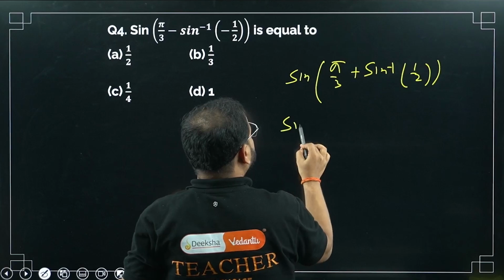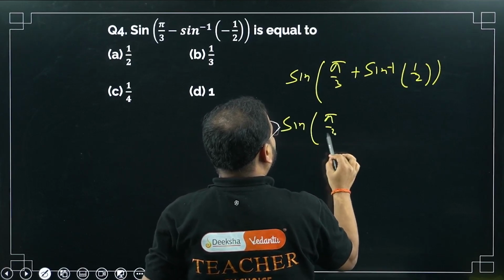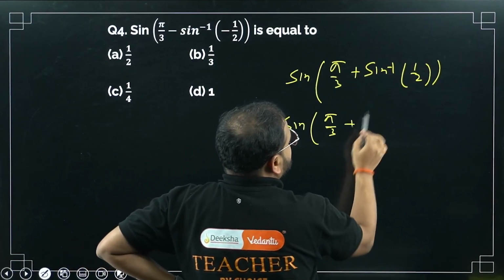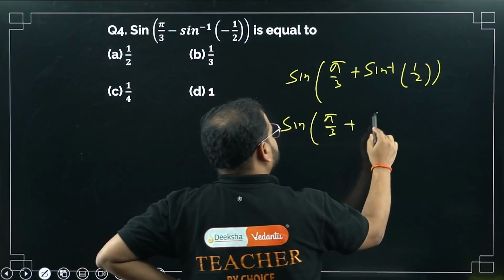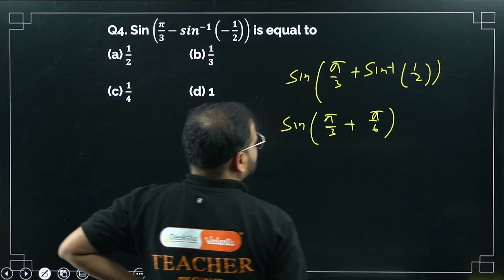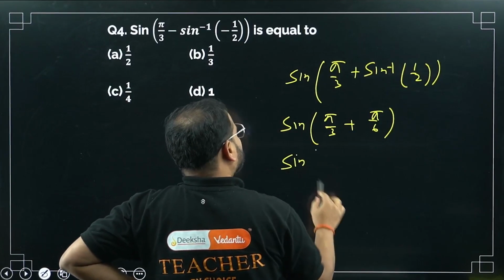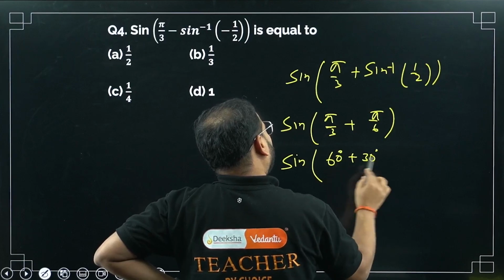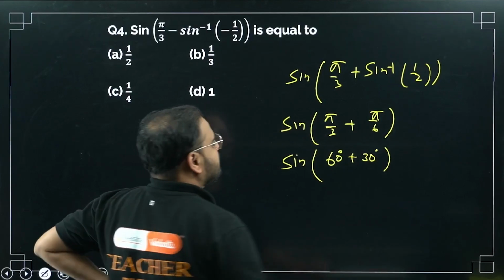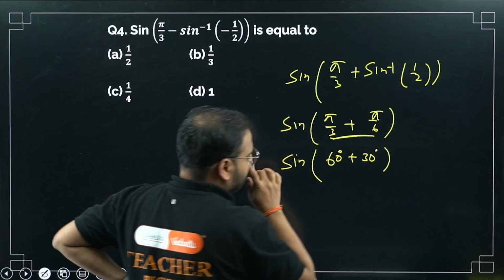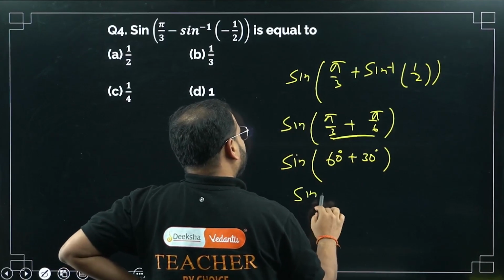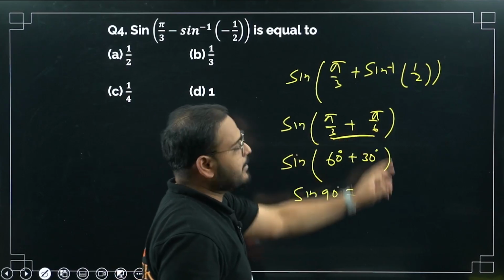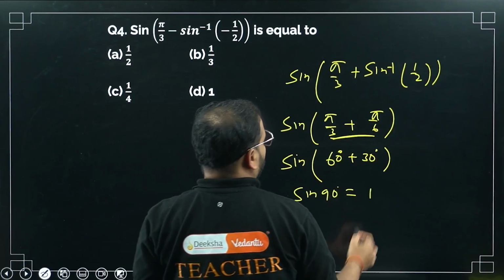So sine of pi by 3 plus sine inverse of 1 by 2. Sine inverse of 1 by 2 is pi by 6. Pi by 3 is 60 degrees and this is 30 degrees. I can write in radians also: it will come as pi by 2. Sine 90 degrees is how much? Pi by 3 is 60, pi by 6 is 30, and the sum is 90 degrees, so the answer is 1.